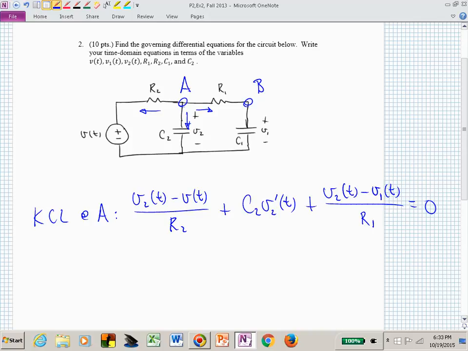We have a second node sitting over there at B. Let's apply KCL at B, and I'll change colors. Now I'm defining my currents to be leaving that node in red. And if I do a KCL at B, what's the horizontal current going out of B, going positive to the left? How would I define that?